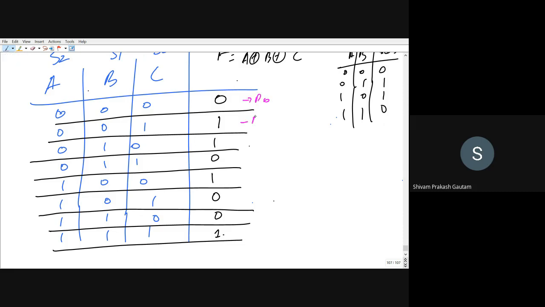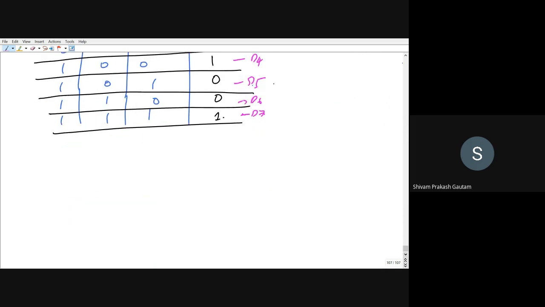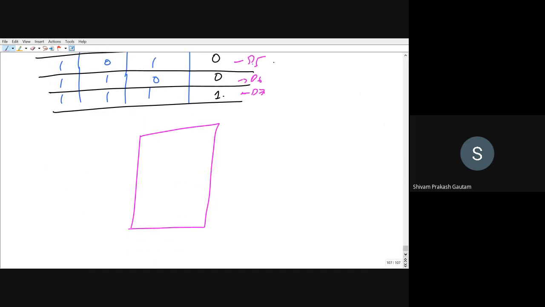So now you can call this D0, D1, D2, D3, D4, D5, D6, and D7. So these will become your inputs, and we will be having an 8x1 multiplexer. We are having 3 select lines, S0, S1, S2.